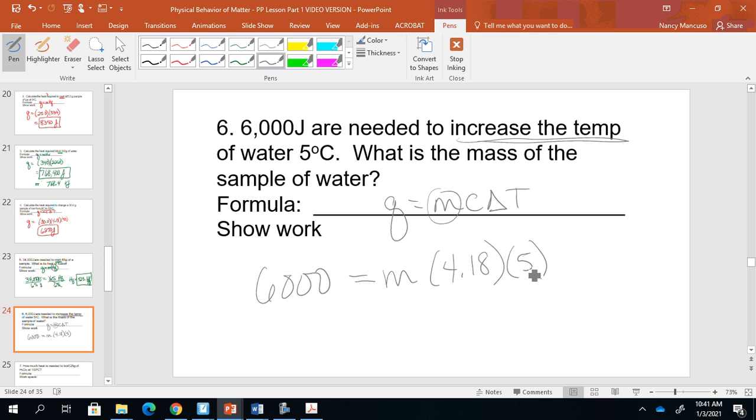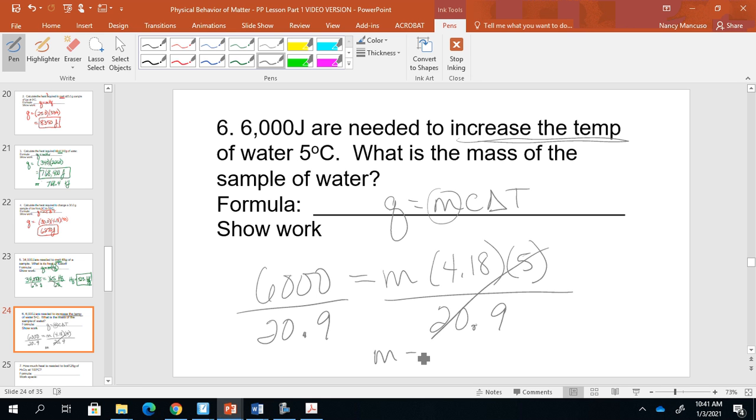The first thing I'm going to do is punch 4.18 times 5 into my calculator, and I get 20.9. So I'm going to divide this side by 20.9 and this side by 20.9.